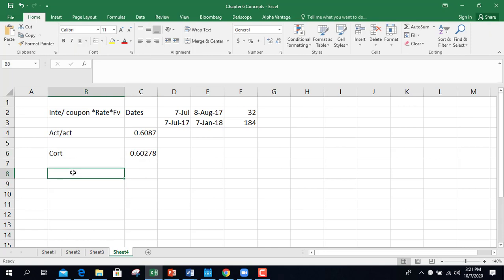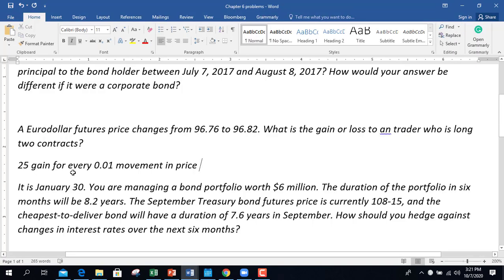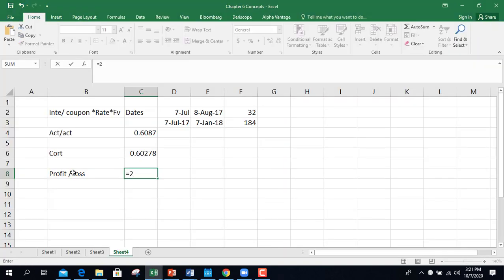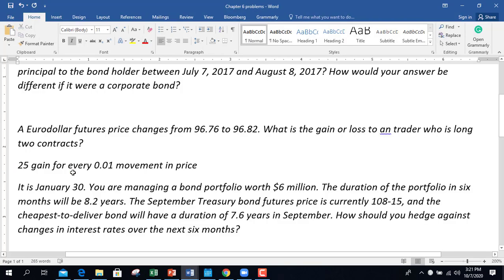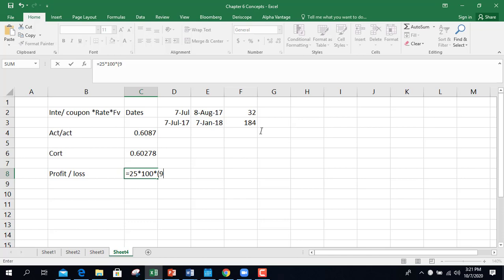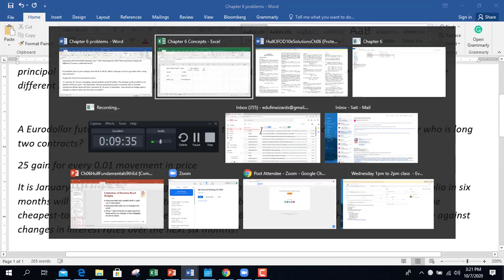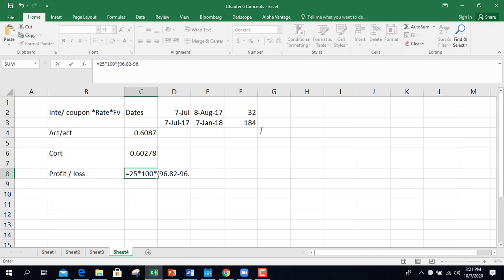So how do you calculate profit or loss? Profit/loss equals $25 into 100, because it's a basis point of 0.01, into the difference between the prices. The difference between the prices is 96.76 to 96.82, so 96.82 minus 96.76.